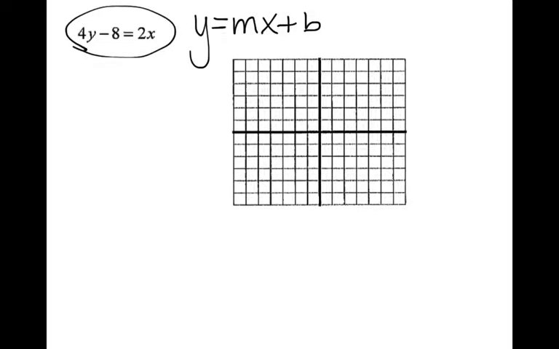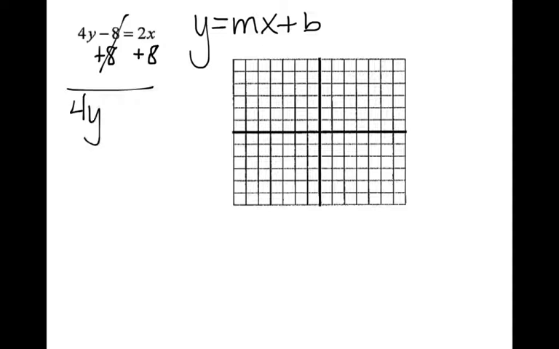Okay, so your first option is to start solving the equation, and your goal is to get the y isolated. We want that by itself. Okay, so basically solving a two-step equation type situation is what we have here. So I would add 8 to both sides. That will make -8 plus 8 become 0. And I end up with 4y equals 2x plus 8.